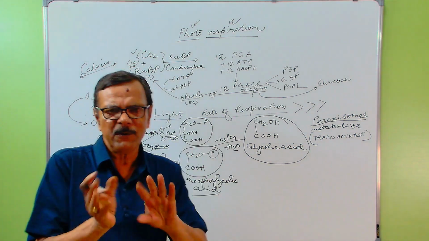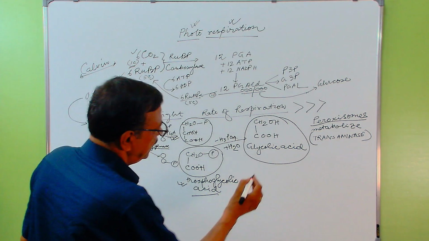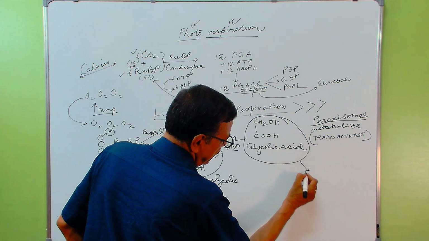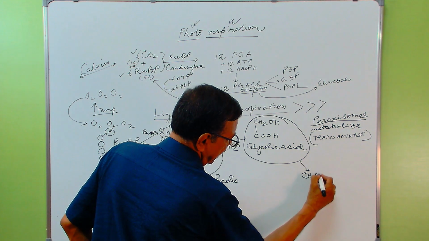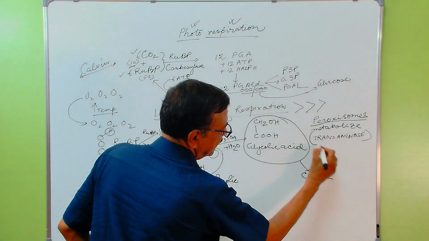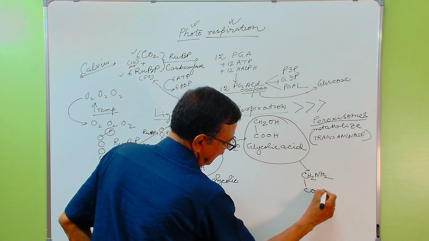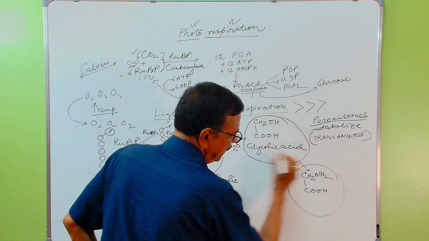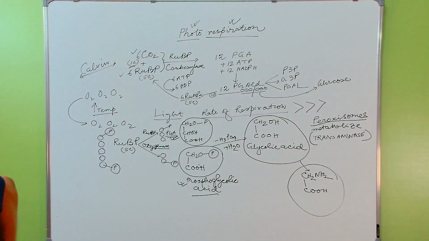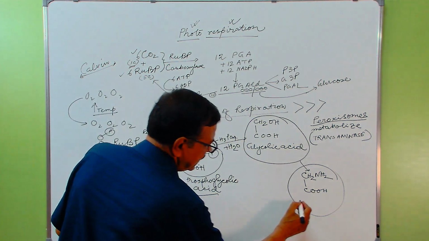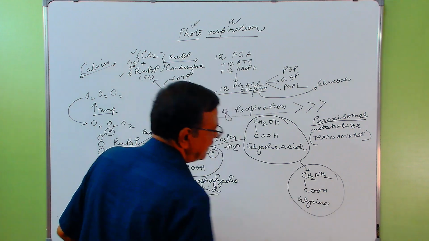That is, an amino group will come in. CH2NH2COOH. So glycolic acid is converted, with transaminase, to CH2NH2COOH. This is glycolic acid and this is known as glycine.